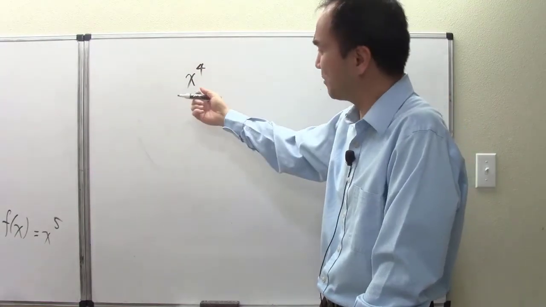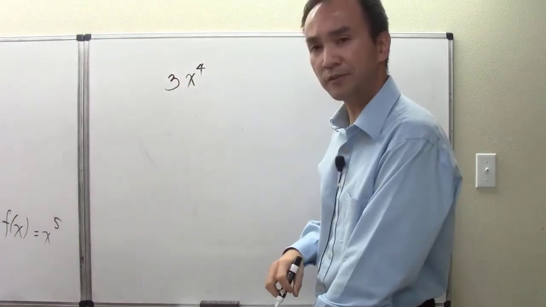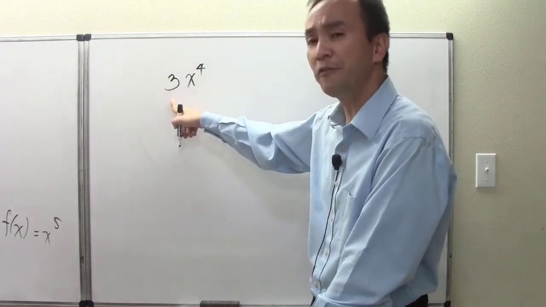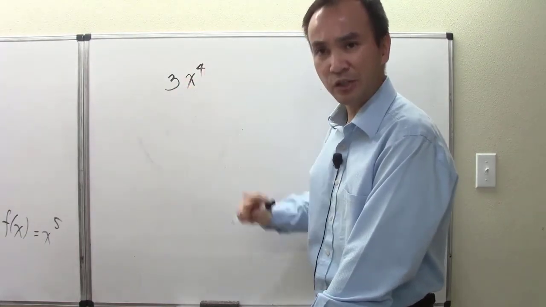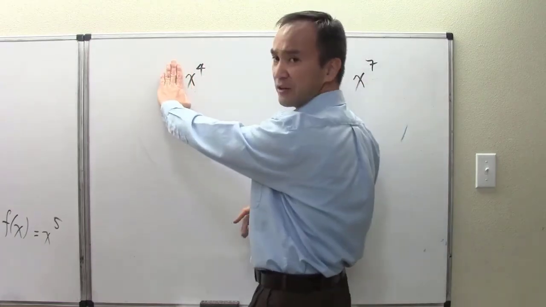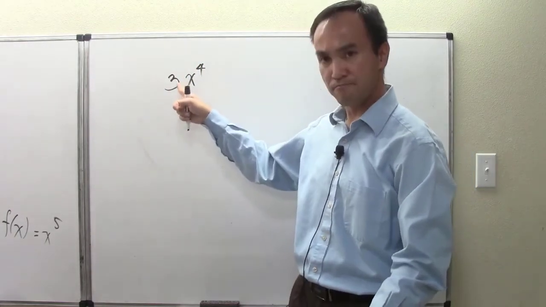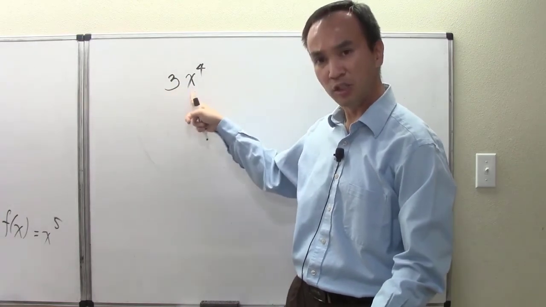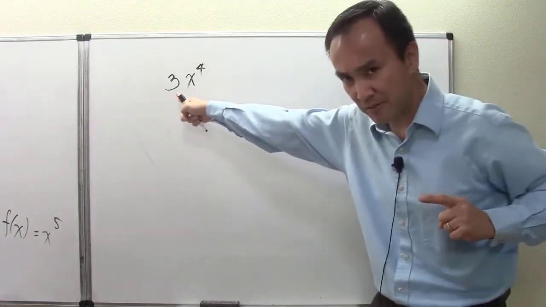But now, what about 3x to the 4th? I introduce a coefficient. I introduce a constant that's multiplied to our power function. The power function is still here, the x to the 4th, but now I simply introduced a constant that's multiplied with that power function. It doesn't have to be a whole value like that.